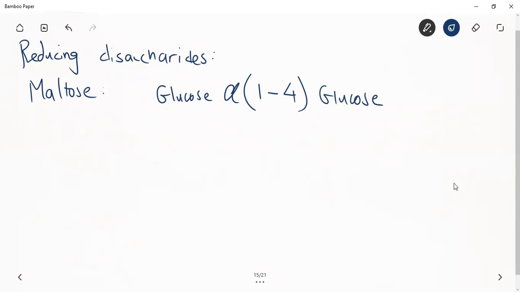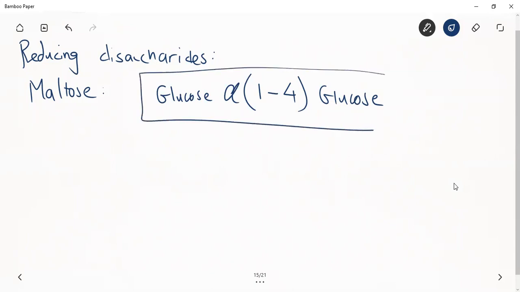So carbon 1 of this glucose has a glycosidic bond with carbon 4 of this glucose. Now, if you look at this molecule, we have to see if there is a free active group or not. In this glucose, carbon 1 is in a bond, and carbon 1 is the aldehyde group, so it is not free.